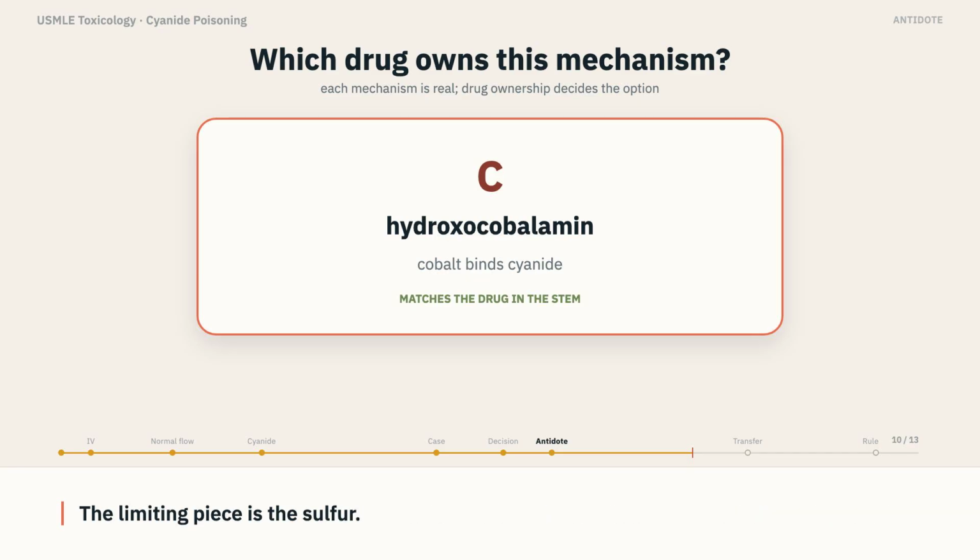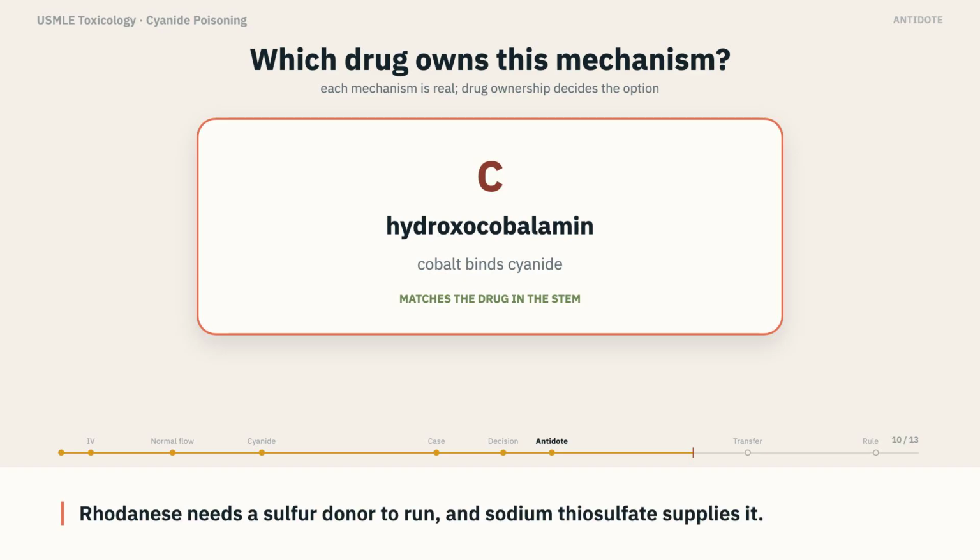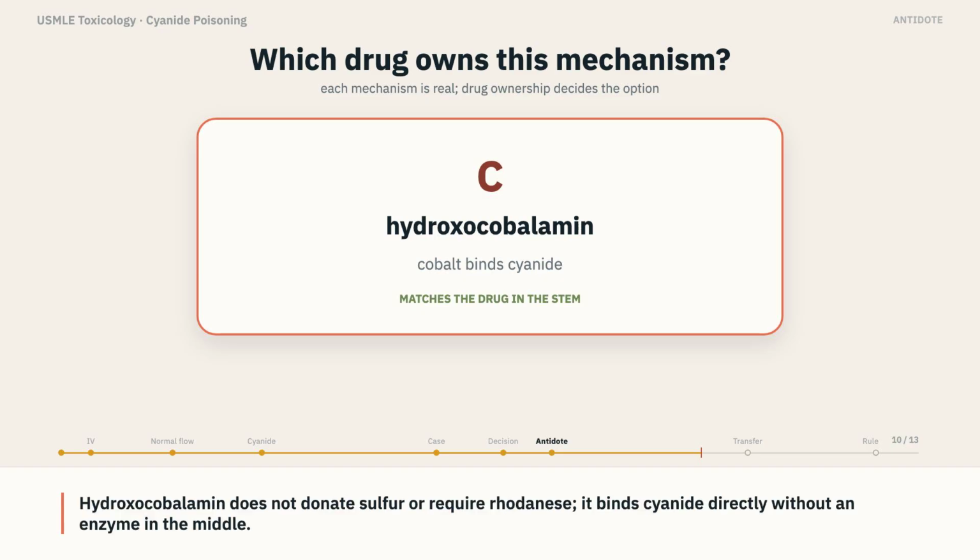The limiting piece is the sulfur. Rhodanese needs a sulfur donor to run, and sodium thiosulfate supplies it. So thiosulfate is not attacking cyanide itself. It is refueling an enzyme that does. The detoxification route is real, but sulfur donation belongs to thiosulfate. Hydroxocobalamin does not donate sulfur or require rhodanese.